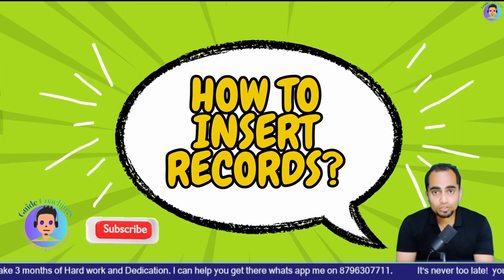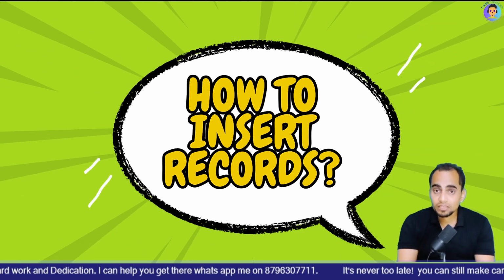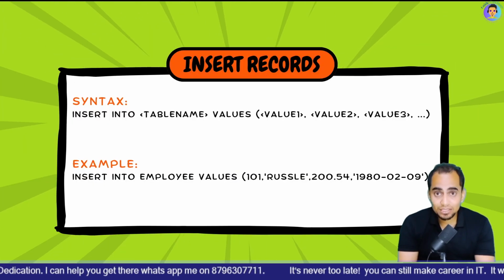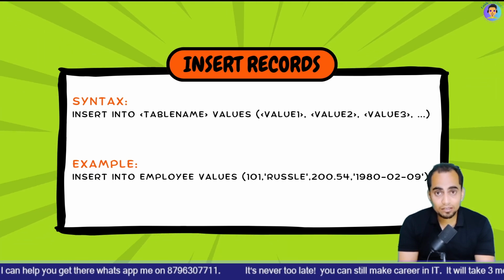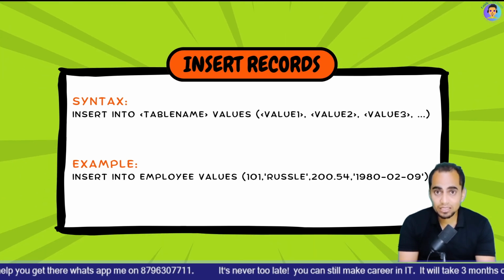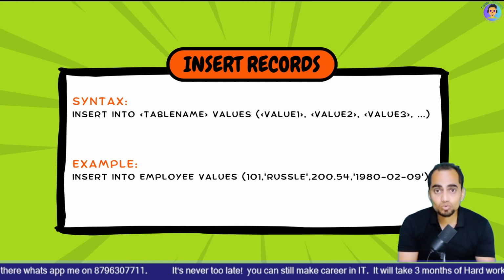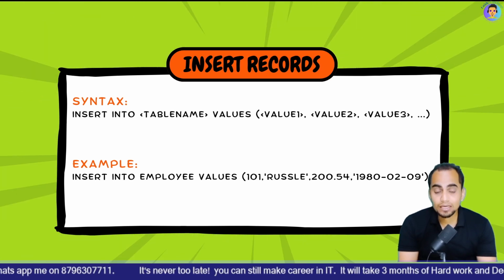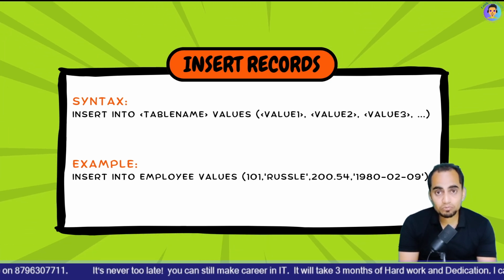Now moving on to the next topic, that is how to insert records inside a table. We'll see the syntax first and then an example. The syntax looks like this, where we will have insert into, and then we will write the table name, then values, and then we will give the values, value 1, value 2, value 3 for the respective columns. These values, value 1, value 2, will refer to column 1, column 2, column 3.